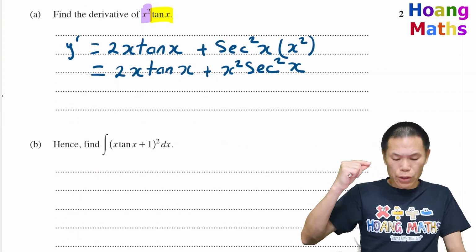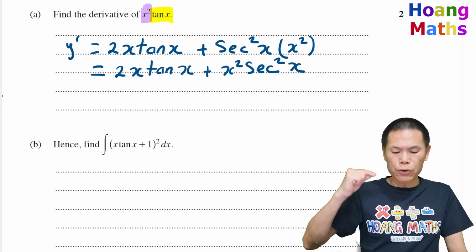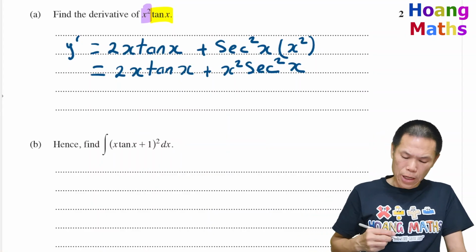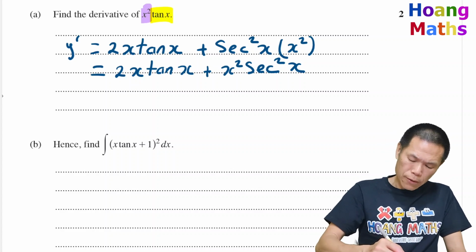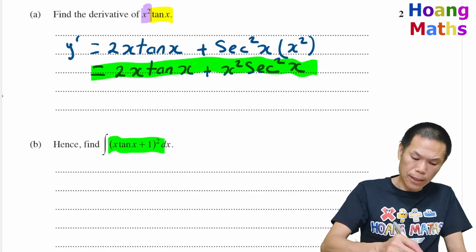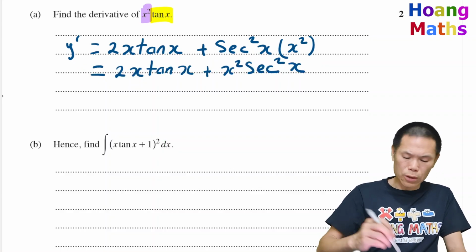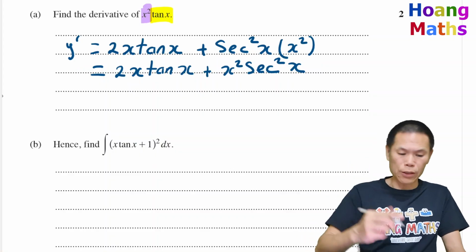Part B. Hence, find the integral of x tan x plus 1, all squared, with respect to x. First of all, we need to somehow integrate this relating to part A. The way to go about this is to remove the bracket first.